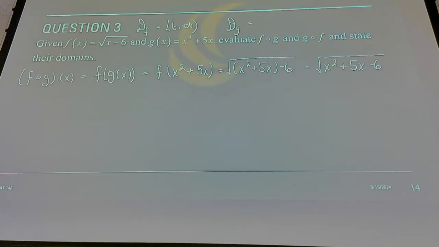What is the domain of G? What was it in the bracket?